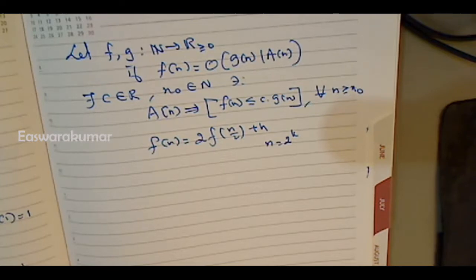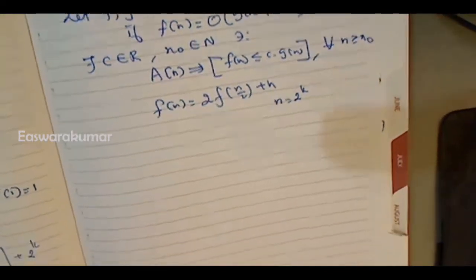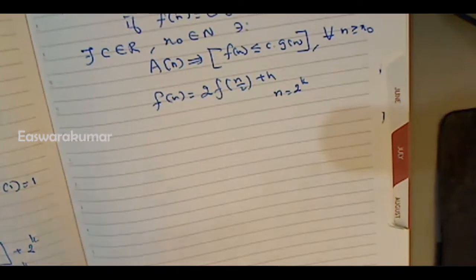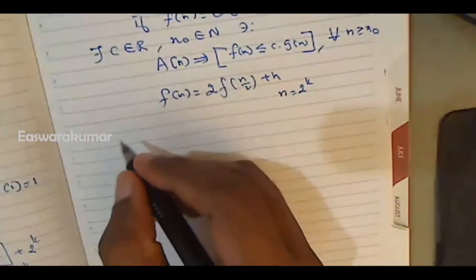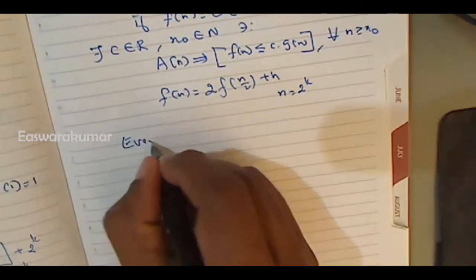So we have to remove the condition. How do we remove the condition? There are a few more things we have to see about when the condition can be removed. For that, first let us see two definitions. The first definition is eventually.